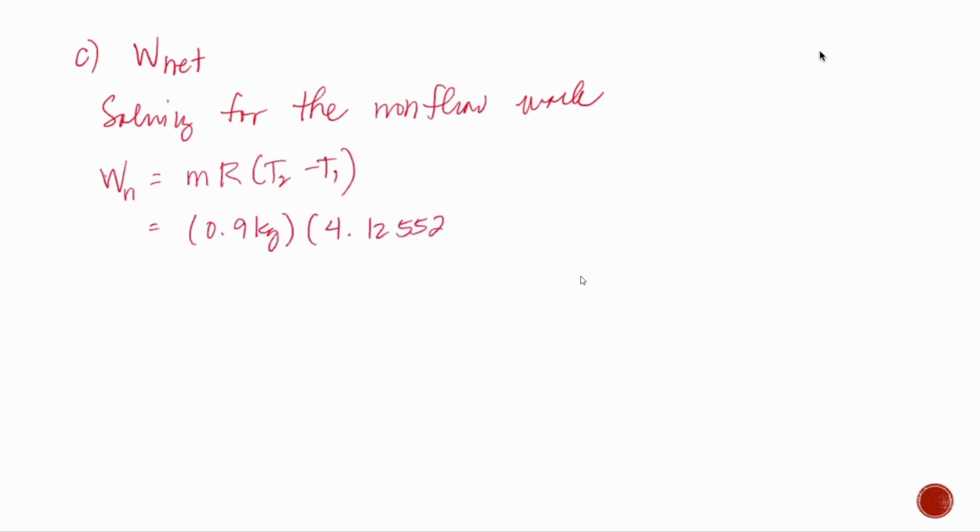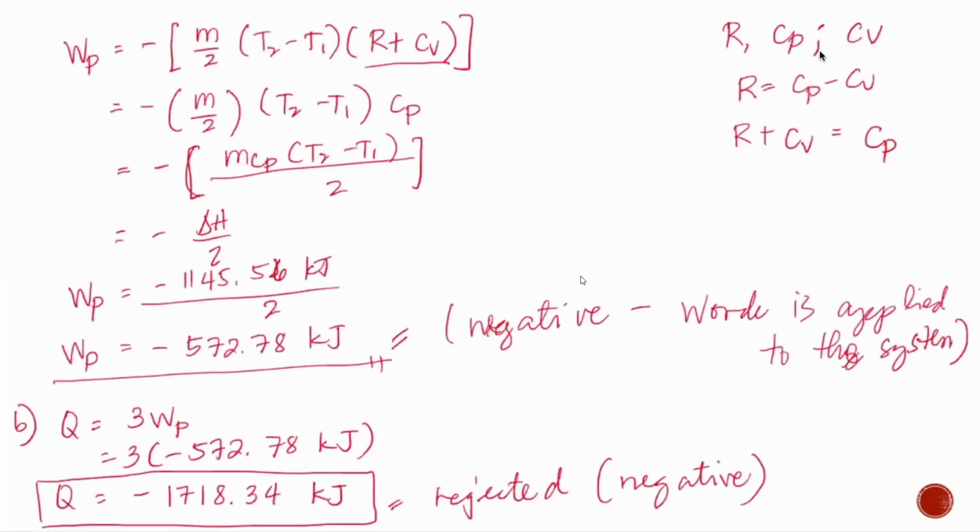Kasi ma'am, pinahirapan kami kanina, may amount naman pala si R. May value naman siya talaga. Kaya lang I just wanna show you the relationship between this R, CV, and CP. So dito pa lang, pwede na ninyong directly isolve, kasi may CV naman at R. Si hydrogen or any gas, or any material, meron naman siyang corresponding CV, CP, and R. Kaya lang in-identify natin, pinasimple natin.